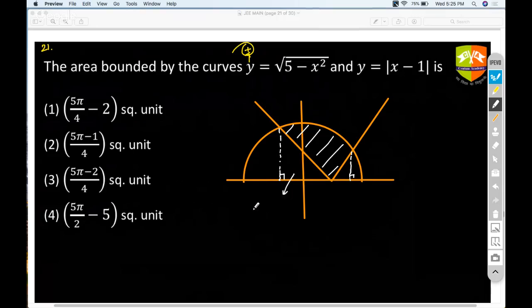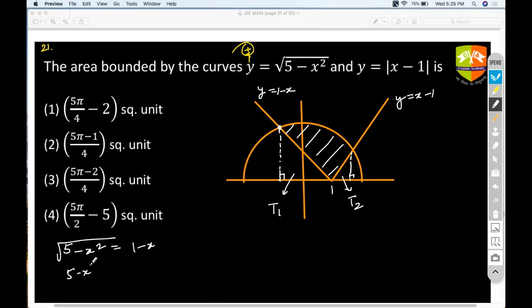So let's say this triangle, let us find out the area of this triangle. Let's say I call it T1 triangle and T2 triangle. So for finding the area of the T1 triangle, I would need to know the x and the y coordinates of this point. So I can say under root of 5 minus x square. This line is going to be y equal to 1 minus x. This line is going to be y equal to x minus 1. So let's try to compare this.